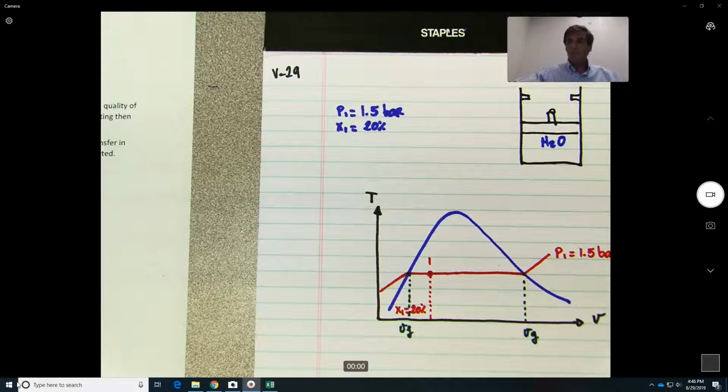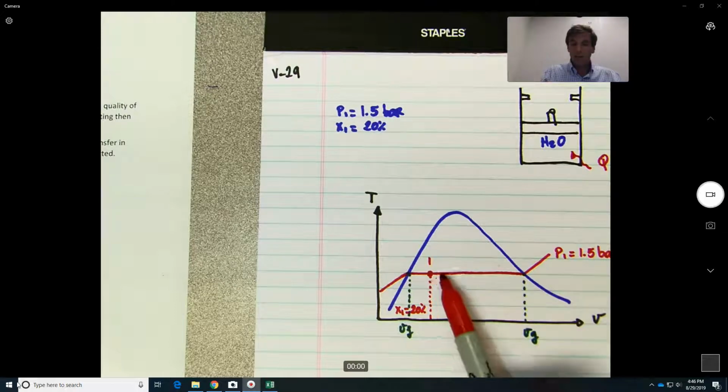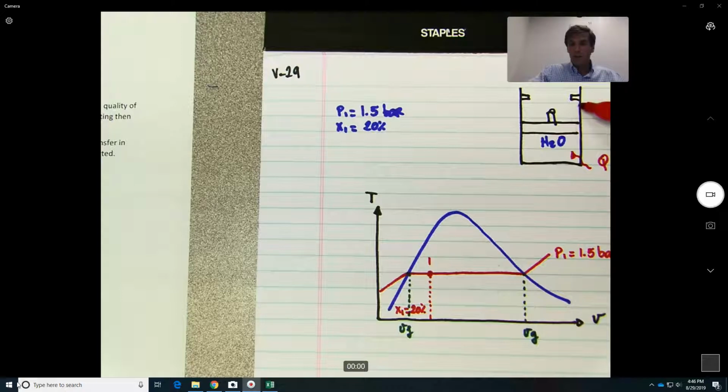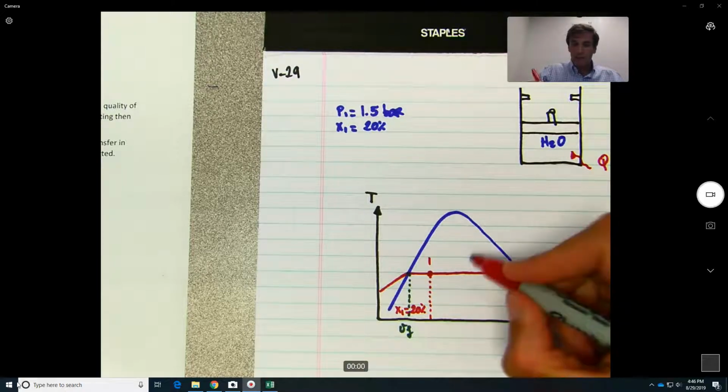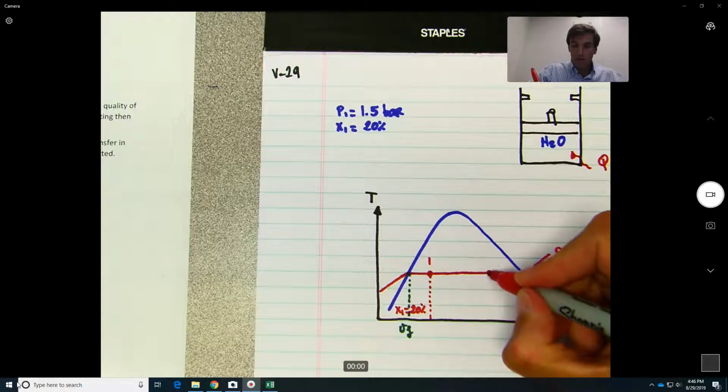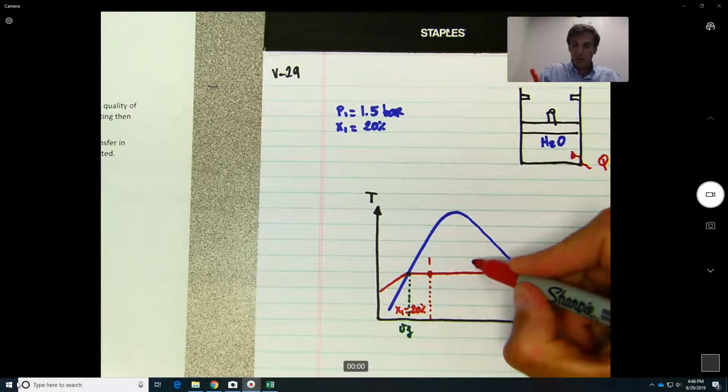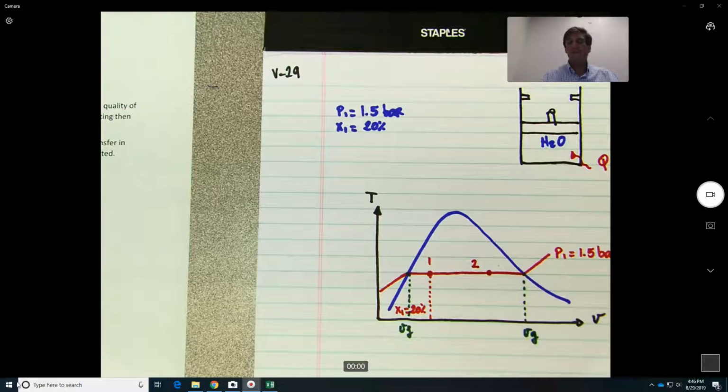So let's see what's happening over here. So we are heating this. Okay, so a quality of 20% is heated at constant pressure. So basically you move along this line, so the piston moves freely up until it hits the stops. So let's say it hits the stops over here. Alright, we need to check this, but let's just assume this initially.